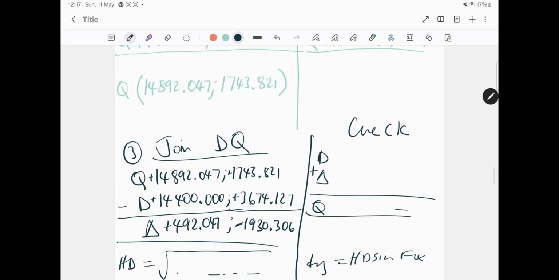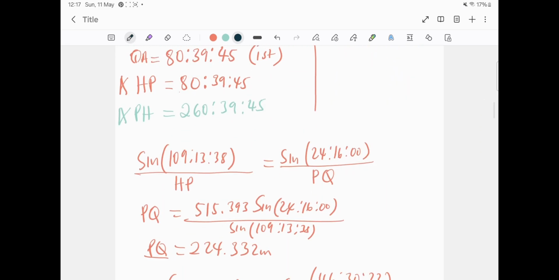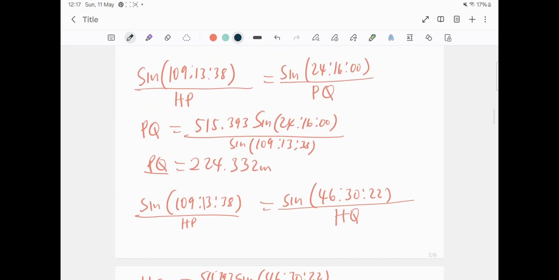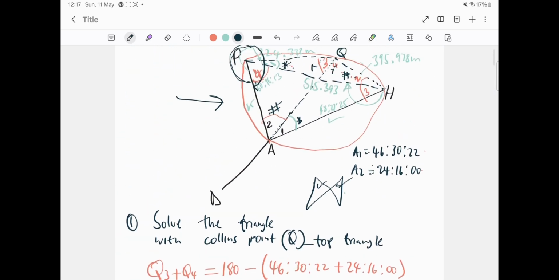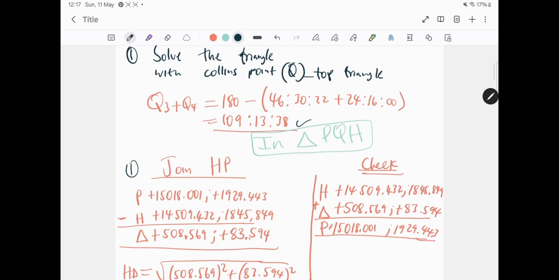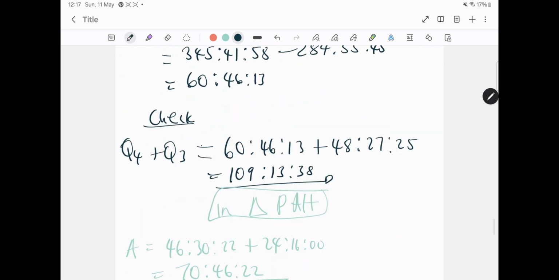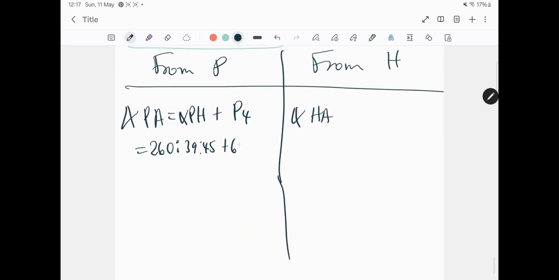Let's confirm first. 260, 39, 45. Okay. Plus P4, we found it here. It's 60, 46, 13. Let's come this side. We're going to punch that one.